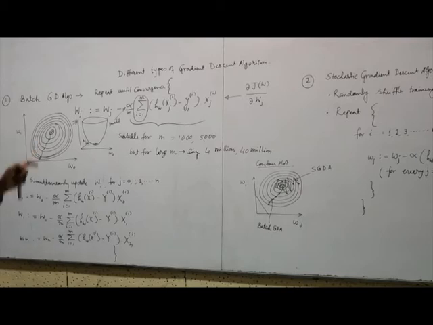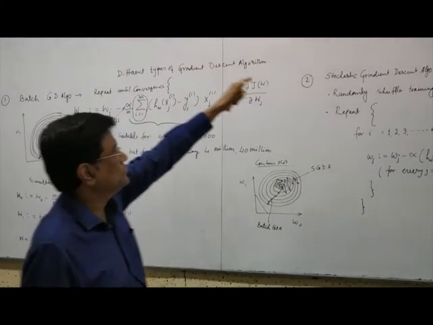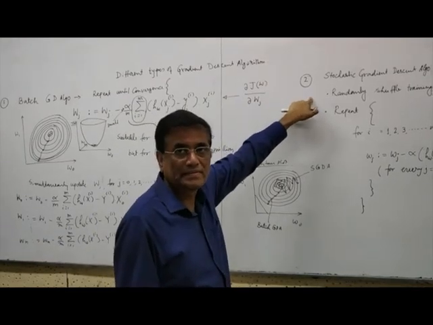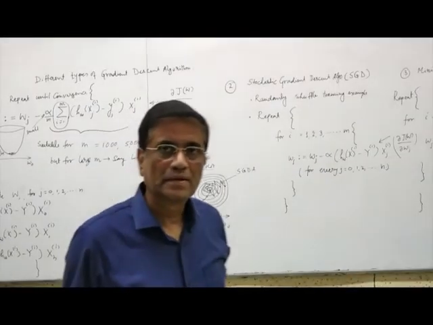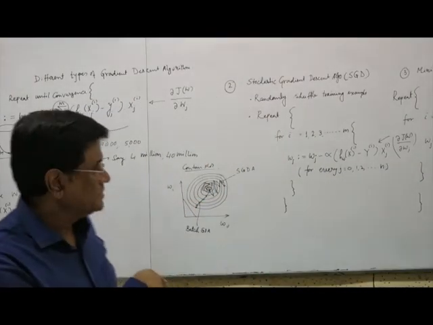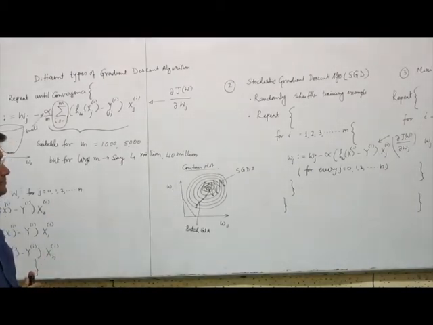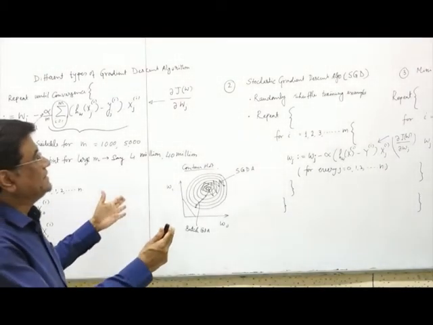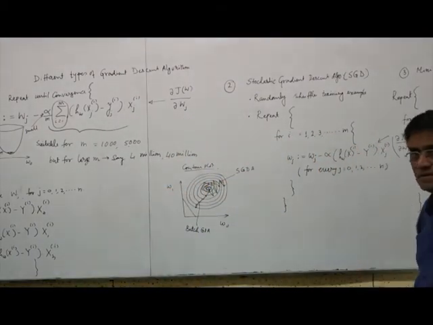Then go and see if that is the number of samples used. Switch over here to stochastic gradient descent. Here you are compromising a little bit on precision, but that's unavoidable. So you can see the advantage and disadvantage of both the algorithms.